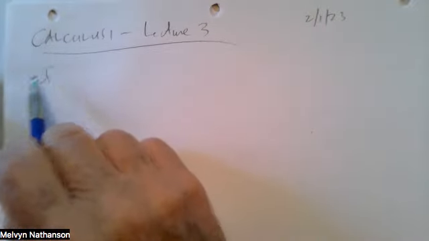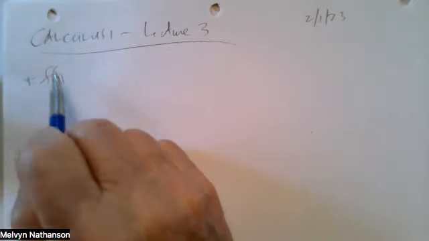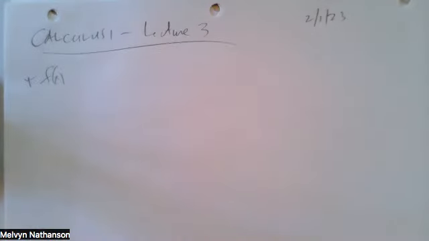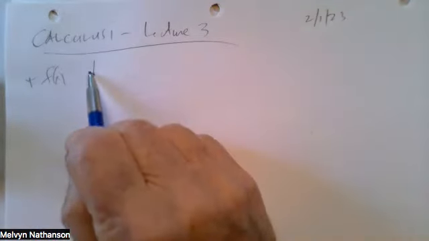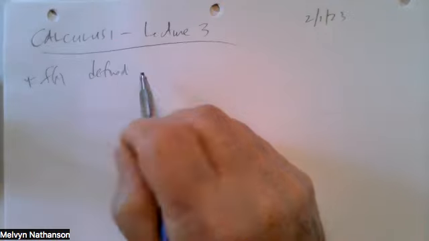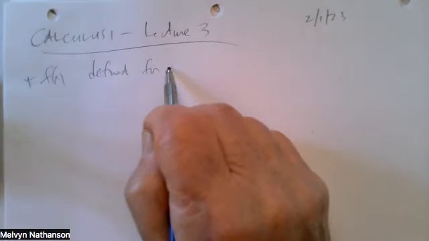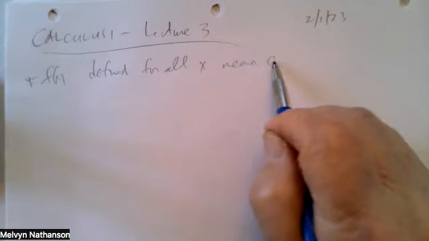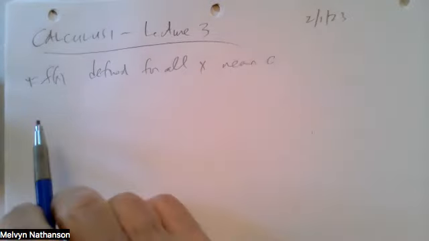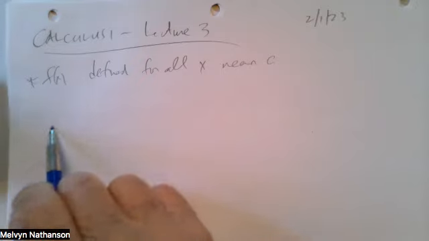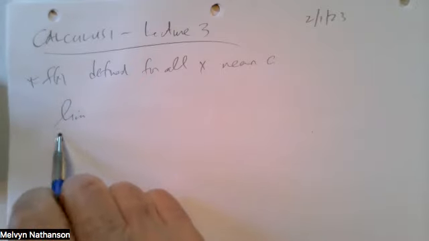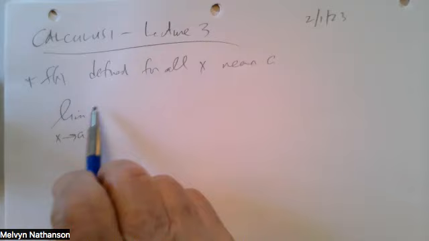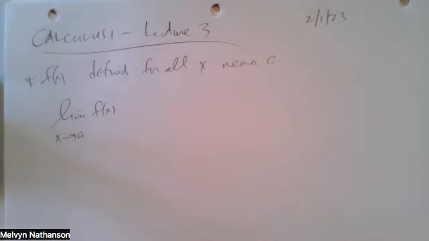We have a function y equals f of x, which is certainly defined for all x near some point x equal a. And we have this notion of saying that the limit as x approaches a of the function f of x.